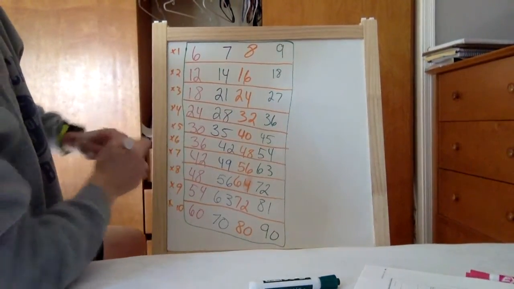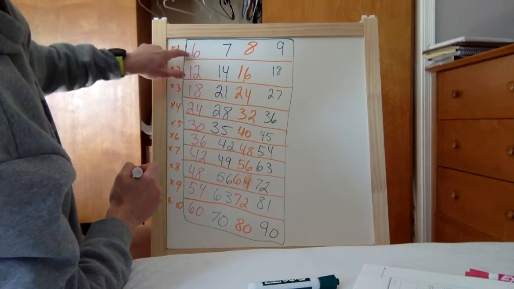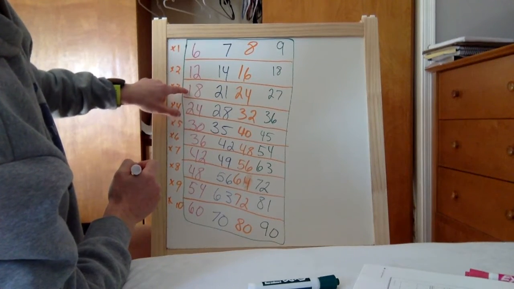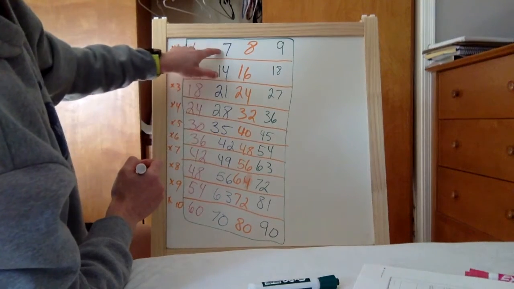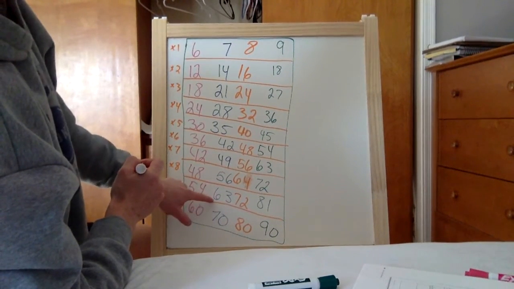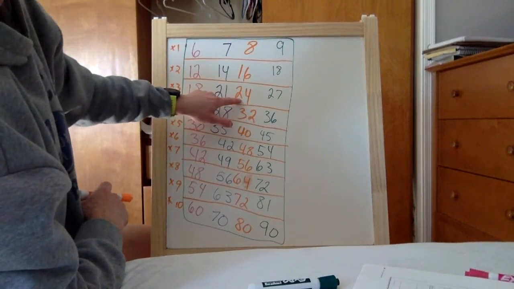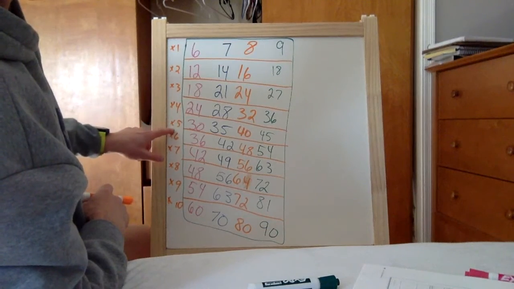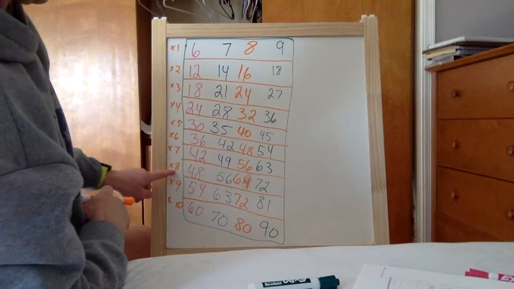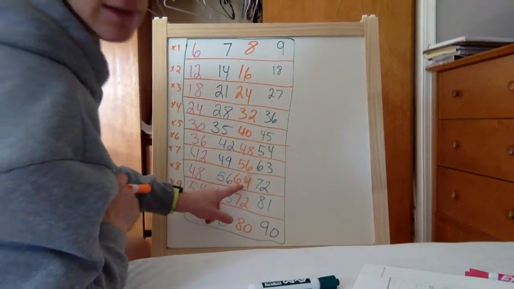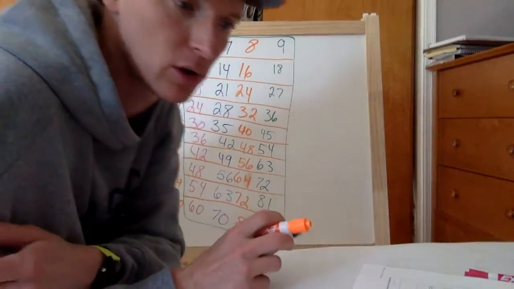So when I say 6 times 1, it's 6. 6 times 2 is 12. 6 times 3 is 18. 7 times 6, under the 7s, is 42. 7 times 9, under the 7s, is 63. 8 times 3, under the 8s, 24. 8 times 5, 40. 8 times 8, 64. Okay? So these things can help you guys when you're working on multiplying.